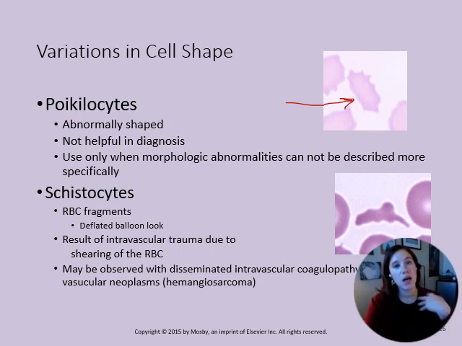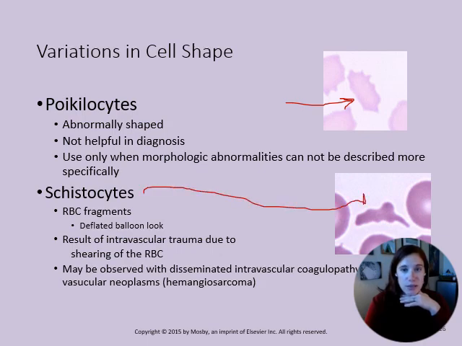And then we can see what's called schistocytes. So schistocytes look crappy. They are red blood cell fragments, and they're like a deflated balloon. They result from intravascular trauma, possibly due to the shearing of the red blood cell. These aren't good. Schistocytes are not good.